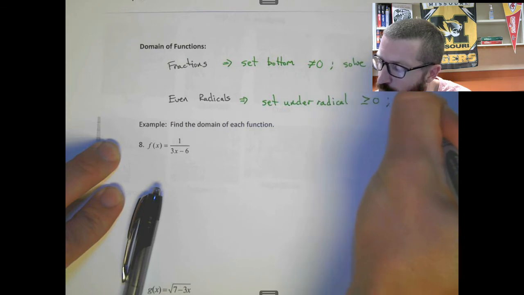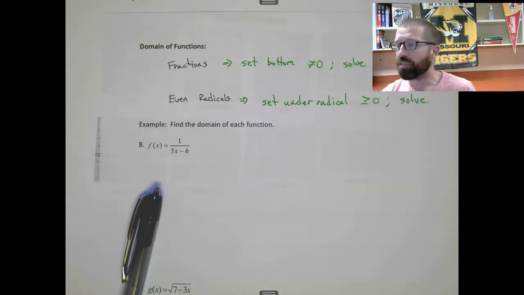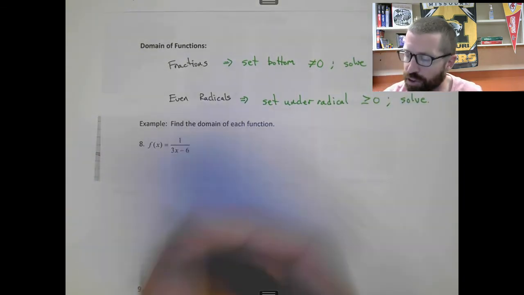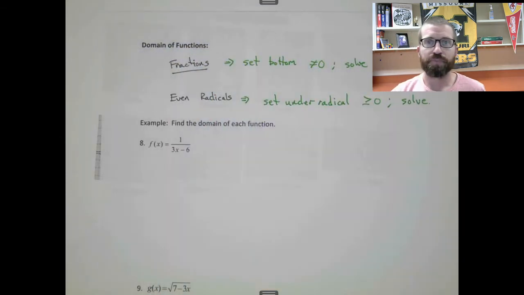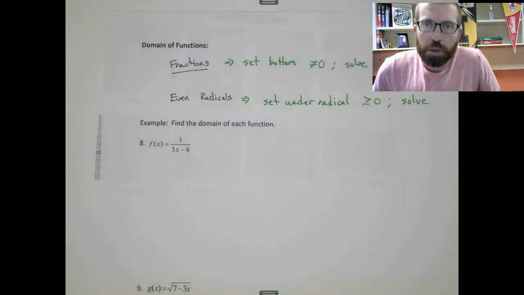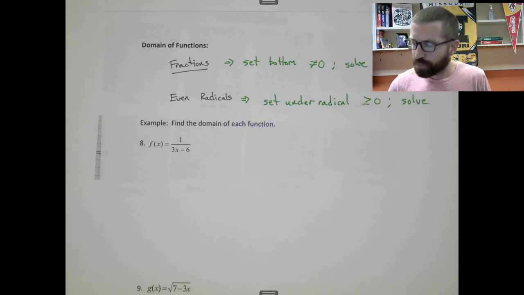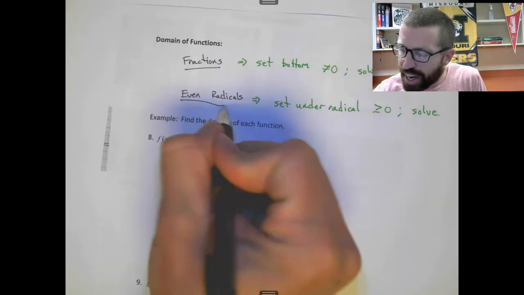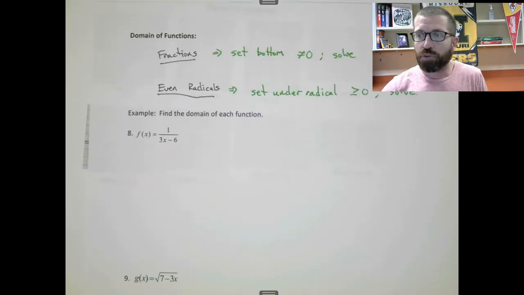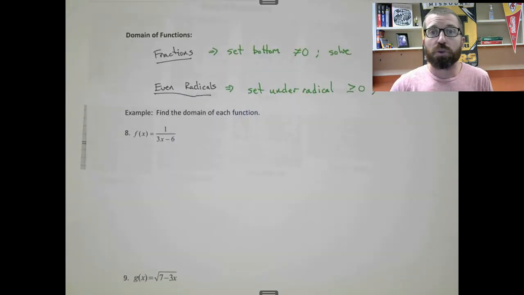And so let's talk about why. With fractions, I cannot divide by 0. And so if I knew where the bottom was equal to 0, then those were all the values that x can't be. So x can be anything except that. With even radicals, like a square root or a fourth root, with the square root, I can't take the square root of a negative number and get something real.